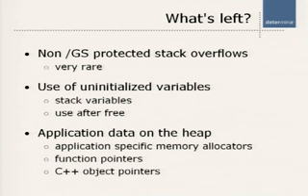The other avenue that's still open for attack is the use of uninitialized variables. And by uninitialized variables here, I mean not only variables that have never been written to, but also variables that might have been initialized, but the data there becomes invalid and is used afterwards.